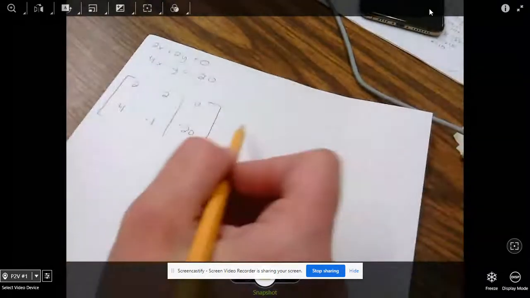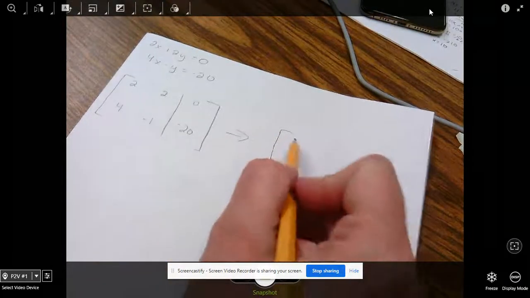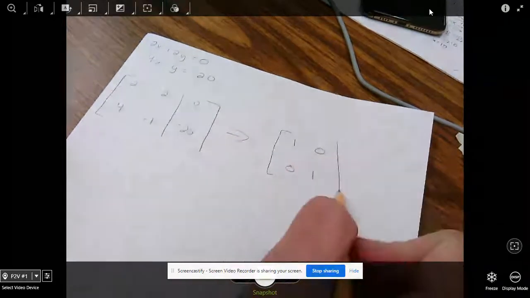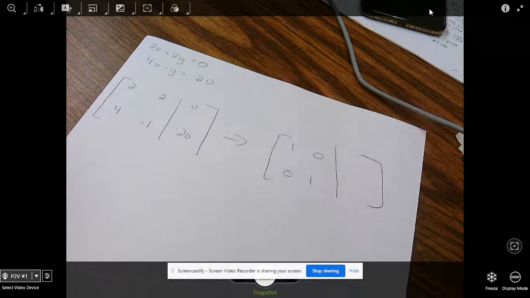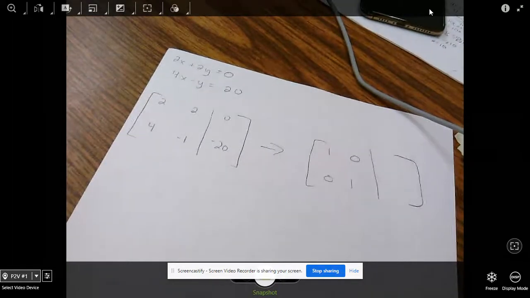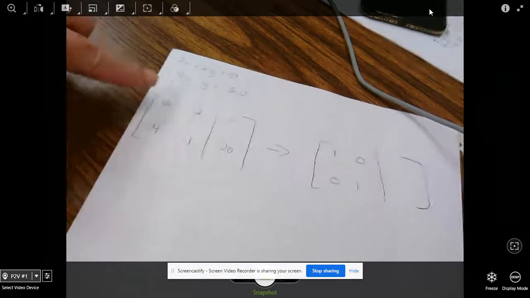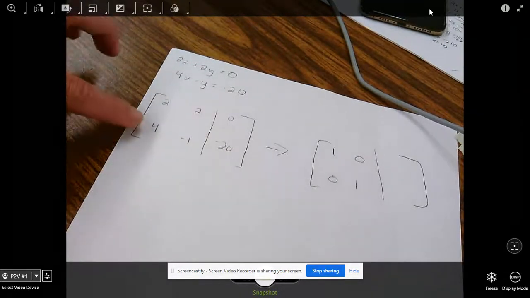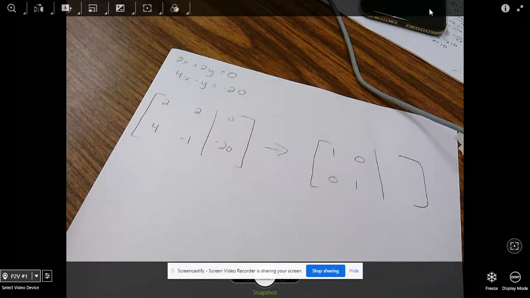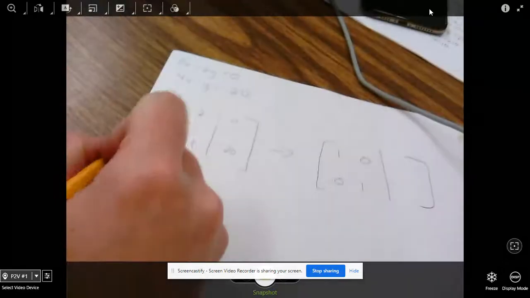If I can somehow manipulate these numbers to be 1, 0, 0, 1, then I've theoretically solved. So if we want a number to get to a 1, we multiply. If we want the number to turn into a 0, we multiply the other row and add it to the row we're changing. So first step is we want this 2.